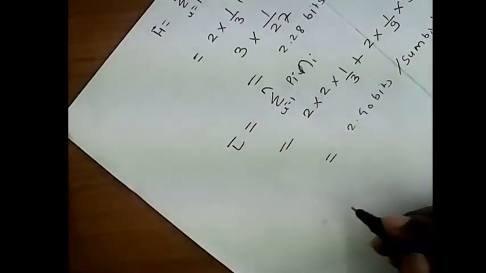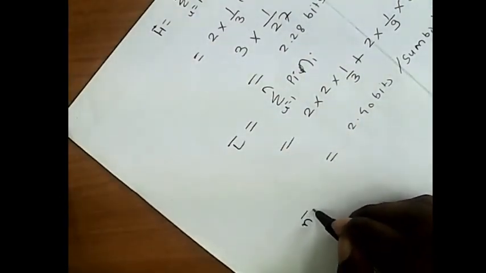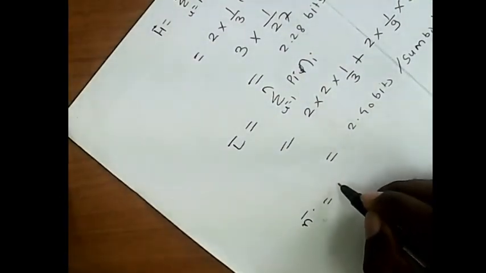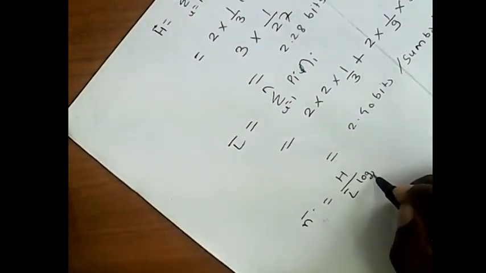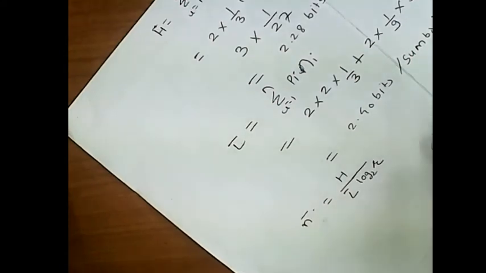Now similarly, to calculate the efficiency, the formula is H divided by L bar log to the base 2 of R, where R is the level of the Huffman coding, that is 2.